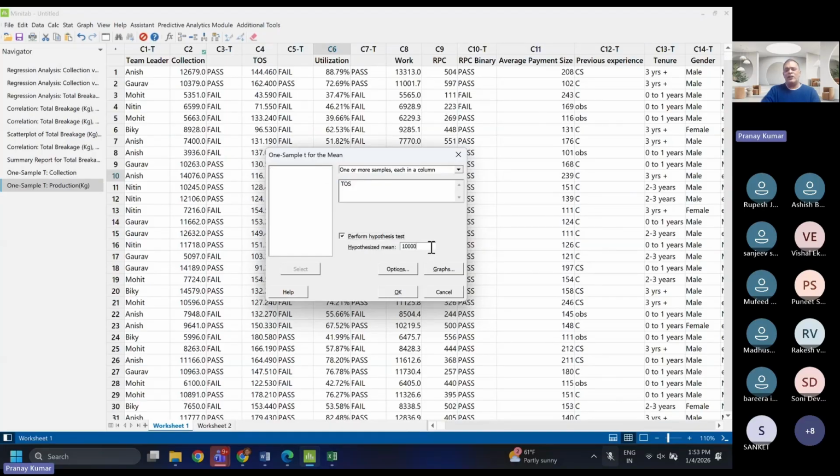Time on system का target क्या होगा? How many hours should you be present in your office, Sony? 8 hours, sir. 8 hours 22 days, or 8 hours 20 days. If it is 20 days, your target becomes 160.